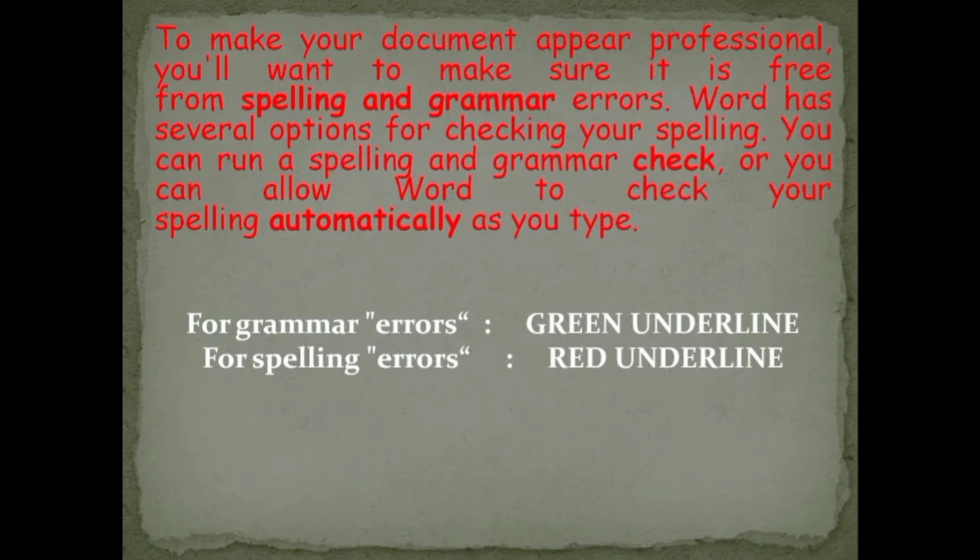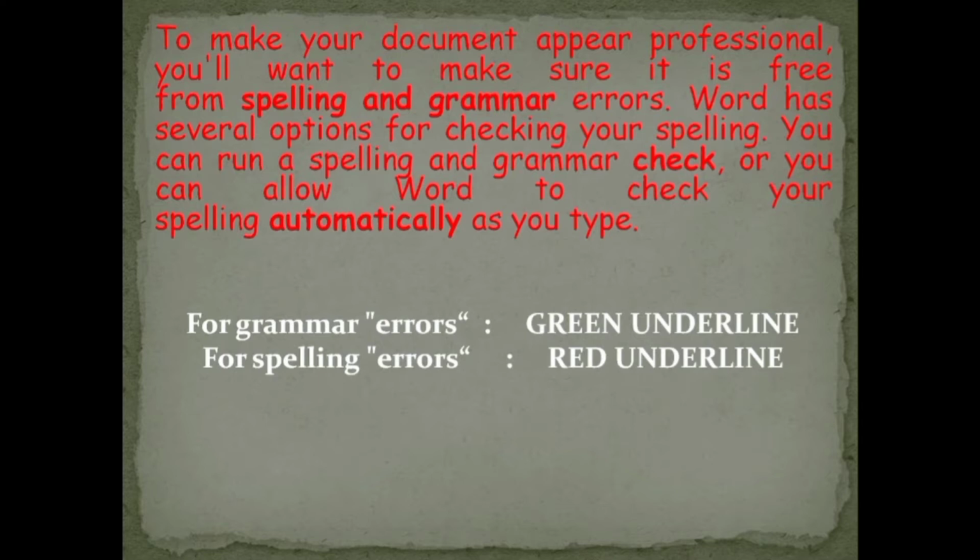Here, for a grammatical error, it shows a green underline under the text, and for a spelling error, it shows a red wavy underline. A blue wavy underline under a word refers to a contextual spelling error. This error occurs when a correctly spelled word is used mistakenly for another word.